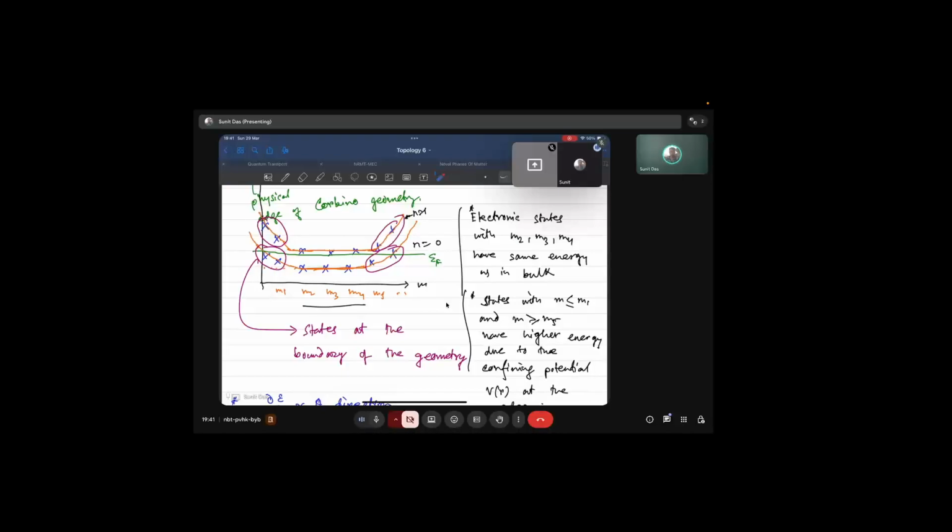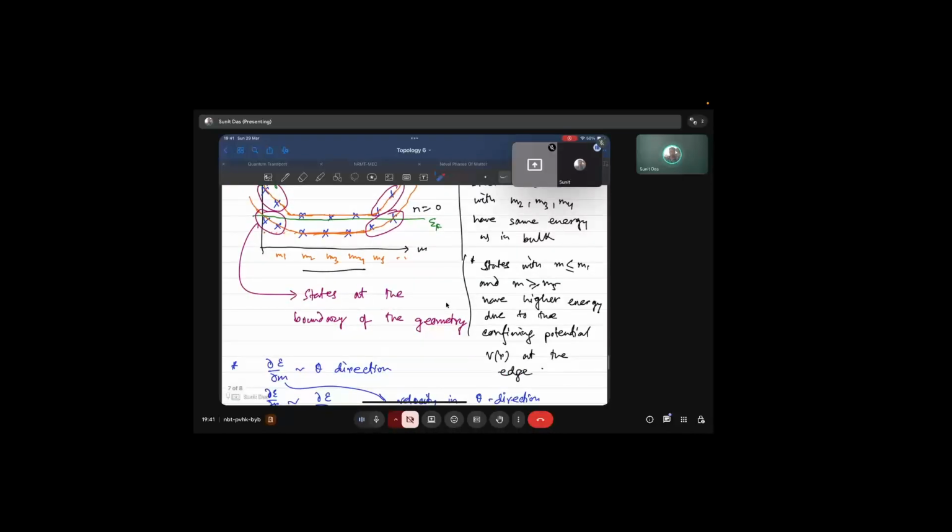So this imbalance creates a finite Hall voltage, whereas because your Fermi energy lies in the bulk band gap, your rho xx is zero. And what explains these stable plateaus? As long as your Fermi energy is in the bulk band gap, you have the plateau because essentially you are not increasing the number of electrons, let's say.